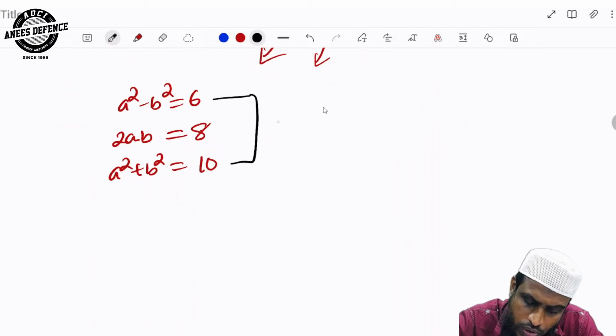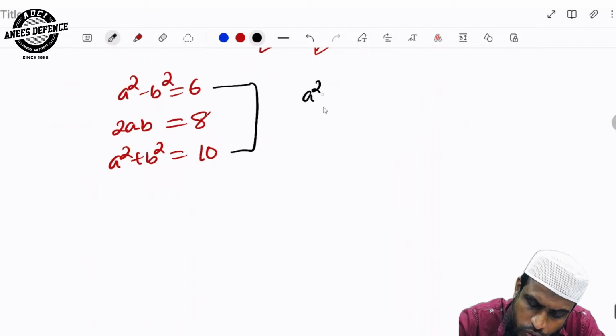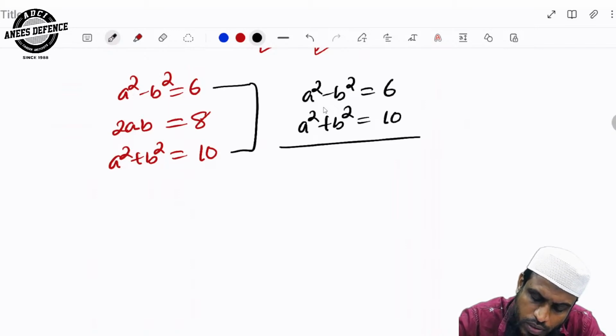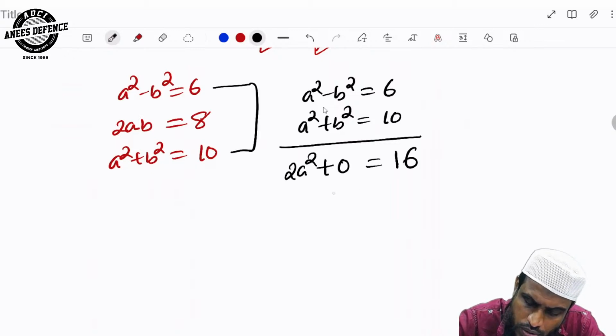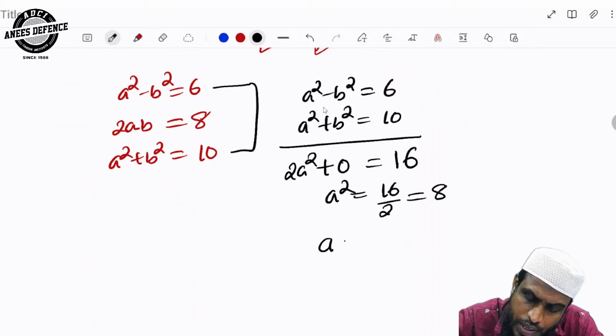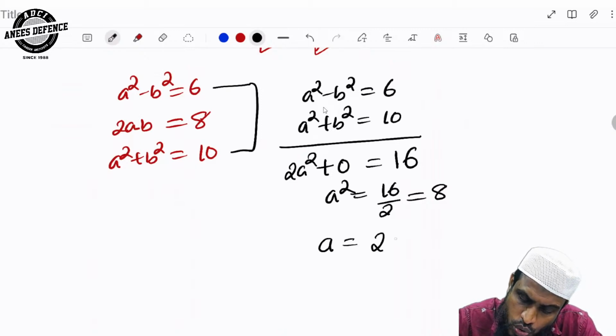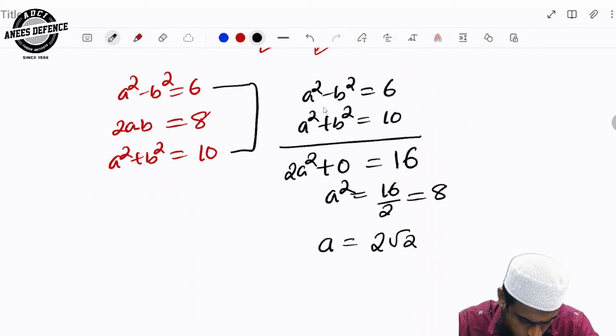If you are adding these two equations, you will get 2a square plus 0 equal to 10 plus 6, a square becomes 16 by 2, that is 8. So we will be getting a equal to 2 root 2.